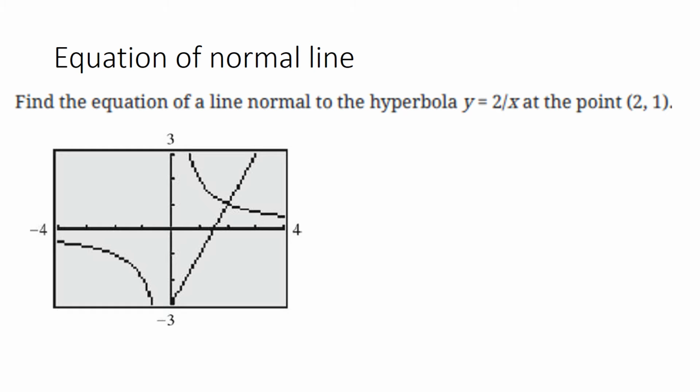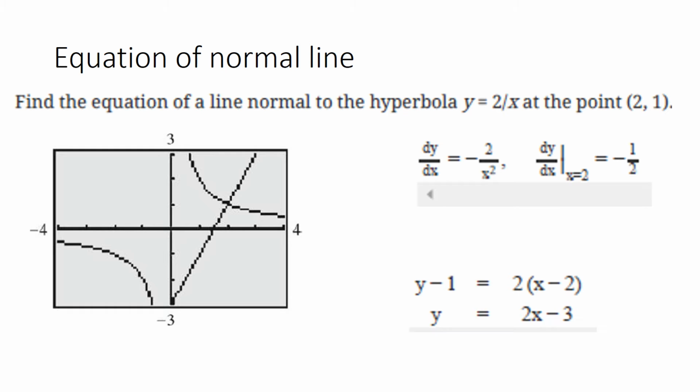So here's the graph. Those curved lines show the hyperbola, y equals 2 divided by x, and that diagonal line on top of it shows the normal to that hyperbola. In other words, at that particular point, 2, 1, that is the line that is not tangent, but it is perpendicular to the curve. So that's really what we're looking for.